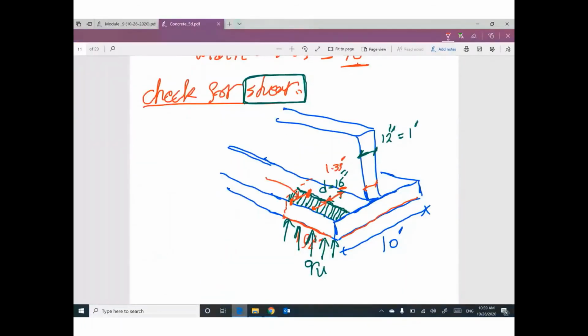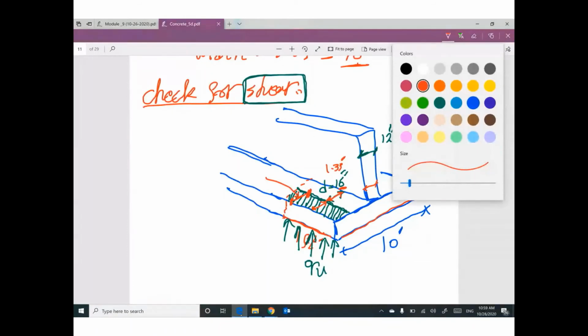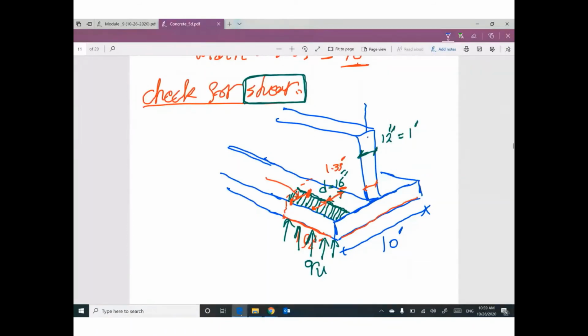First step, guys, I will draw my center line. So the remaining distance on this side from this center line will be 5 feet. From this 5 feet, subtract half a foot and 1.33 feet, and you can get the remaining distance.